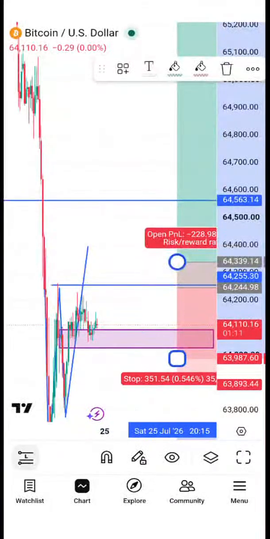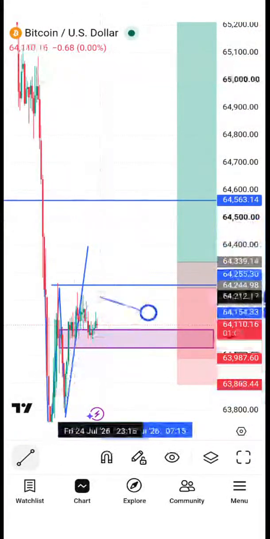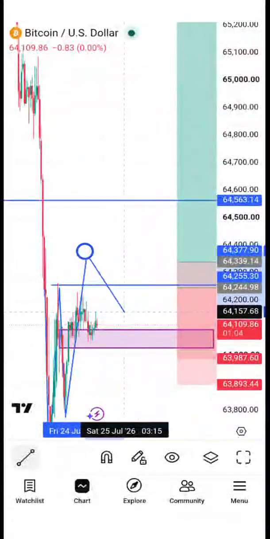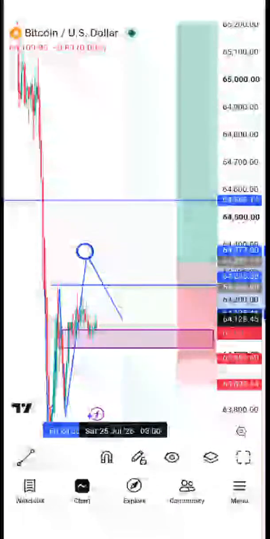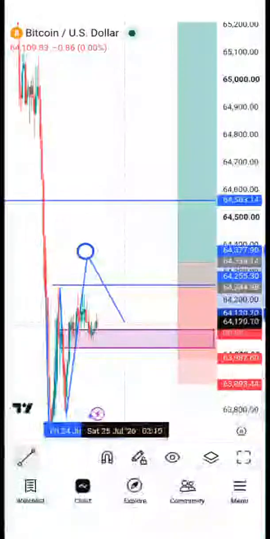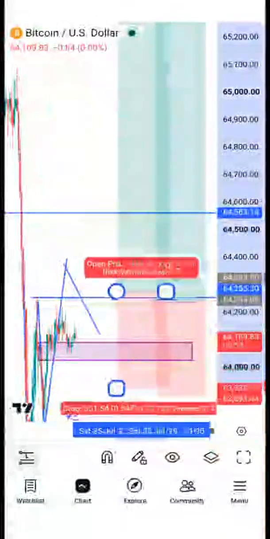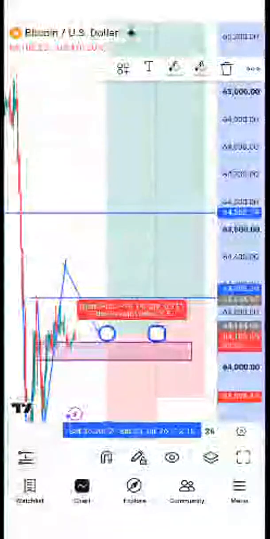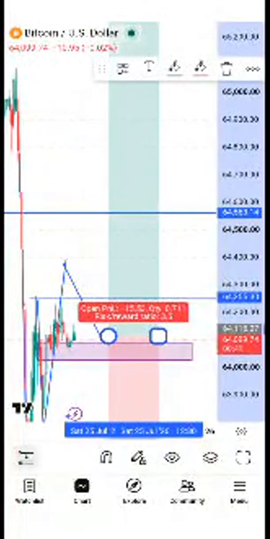If the market breaks above, we wait for it to come and retest whatever area that is here, then we take the buy.